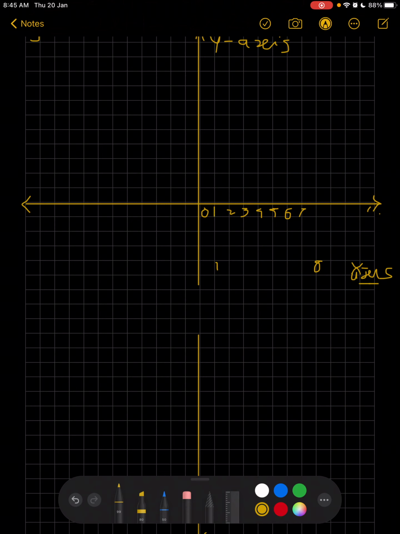Let us take here 1, minus 1, minus 2, minus 3, minus 4, minus 5, minus 6.